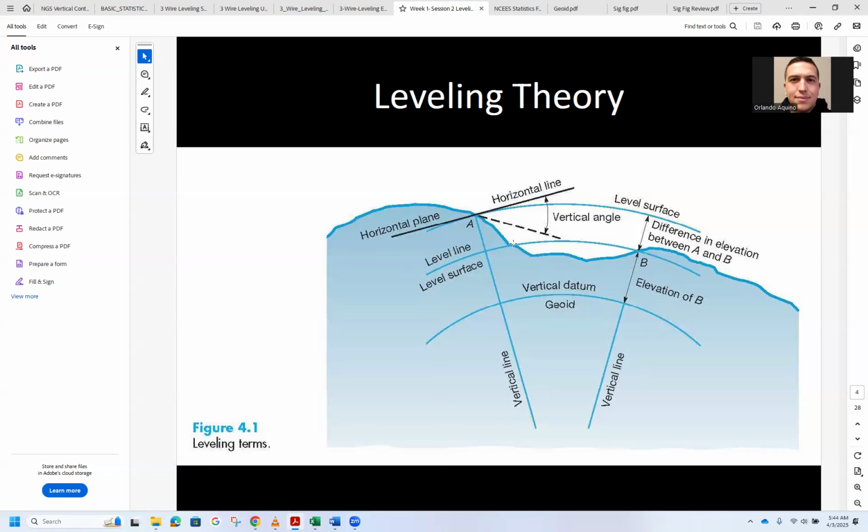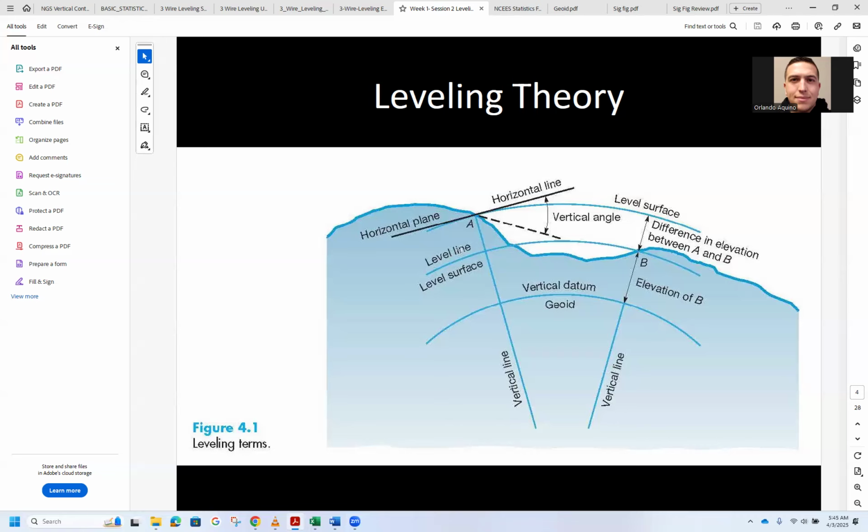All right, level surface: the curved surface that every point is perpendicular to the local plumb line, the direction in which gravity acts. Level surfaces are known as equipotential surfaces, since for a particular surface, the potential of gravity is equal at every point on the surface. That's our level surface.